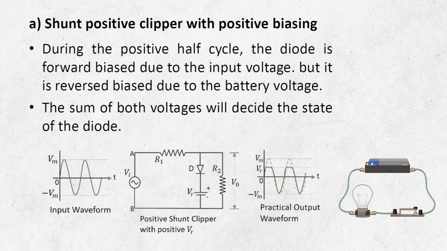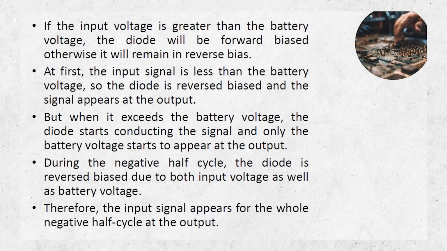The sum of both voltages will decide the state of the diode. If the input voltage is greater than the battery voltage, the diode will be forward biased, otherwise it will remain in reverse bias. At first, the input signal is less than the battery voltage, so the diode is reverse biased and the signal appears at the output.